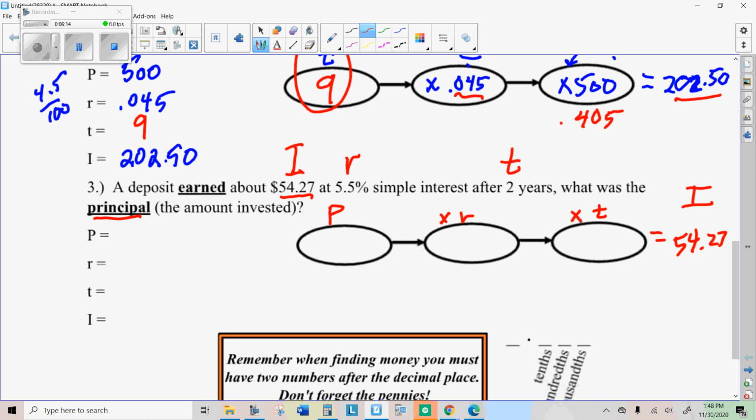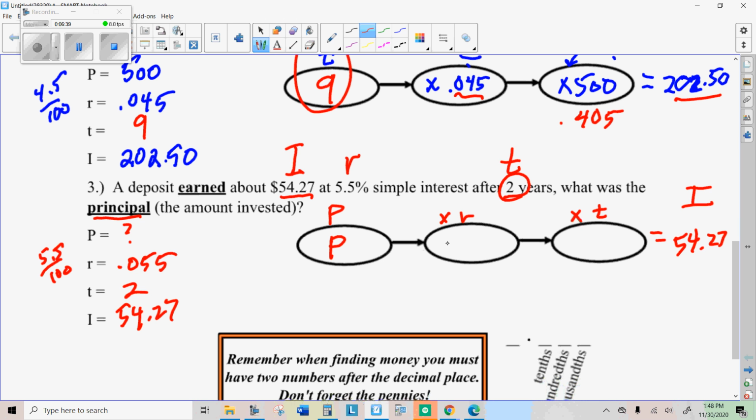We don't know what P is, so I'll just put that in there. My rate is 5.5 divided by 100, which is 0.055. My time is 2 years, so we know that's 2. And my interest is 54.27.